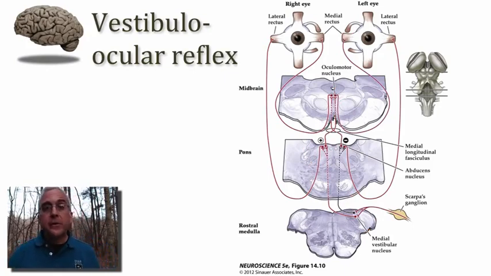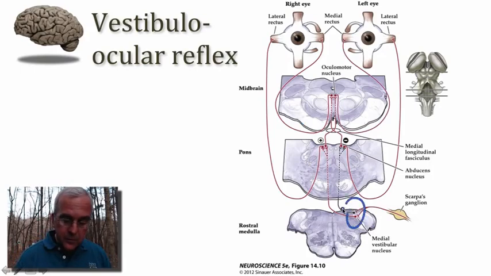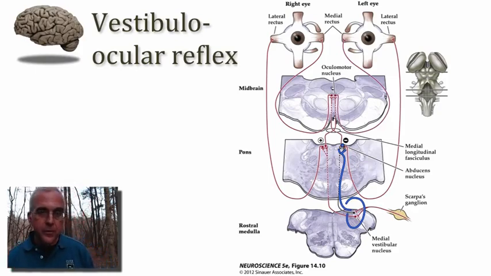Okay, now what is it going to take to relax the antagonistic muscles? The way that this happens is via an inhibitory interneuron. And that inhibitory neuron grows out of the vestibular nuclear complex and suppresses the firing of the alpha motor neuron of the abducens nucleus on the same side of the brainstem, and it suppresses that internuclear neuron that connects the abducens nucleus with the oculomotor nucleus.